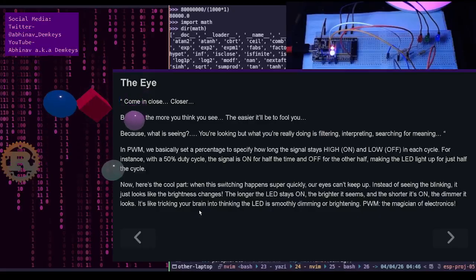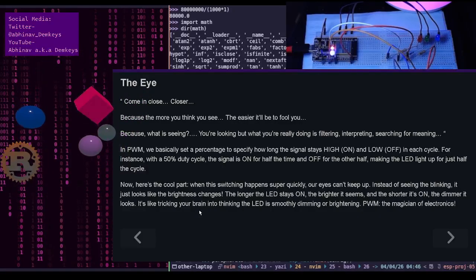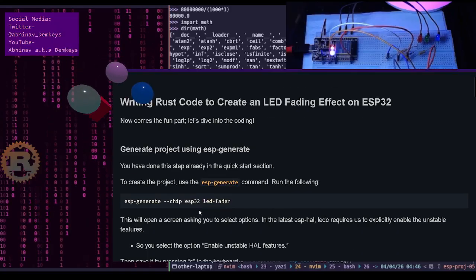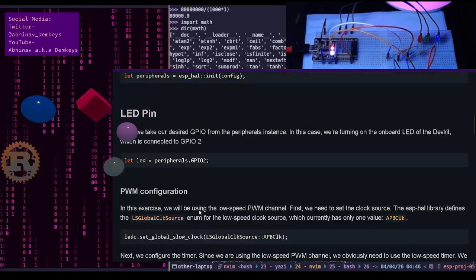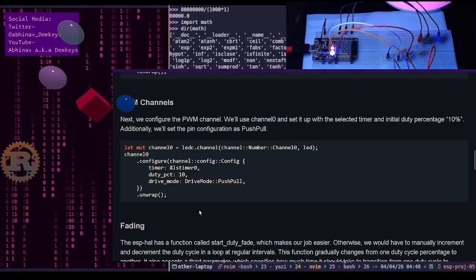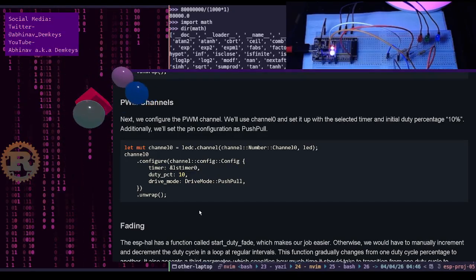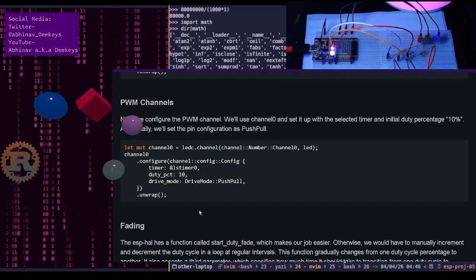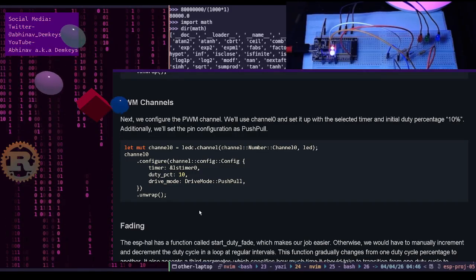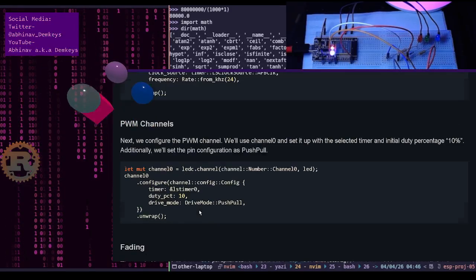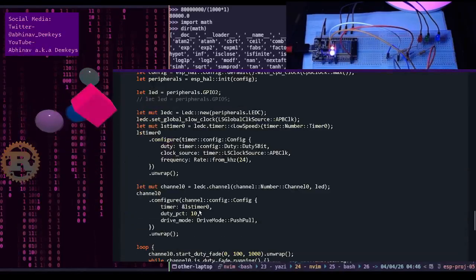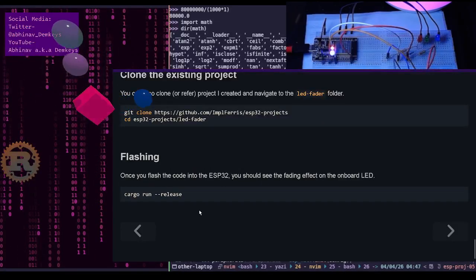And now we've sort of come full circle, I guess. Okay, writing Rust code for this. Nah, you know what? We're not gonna do this today. We're gonna do this tomorrow because there's quite a bit to explore here.